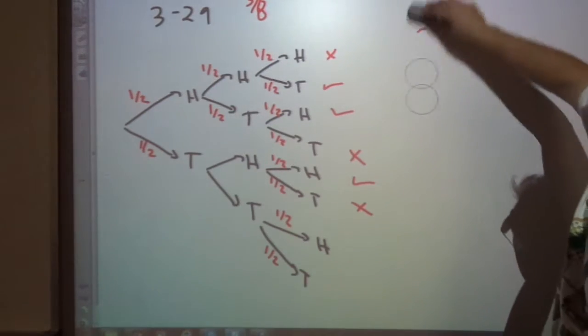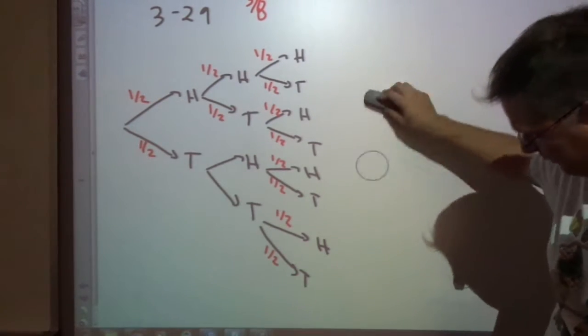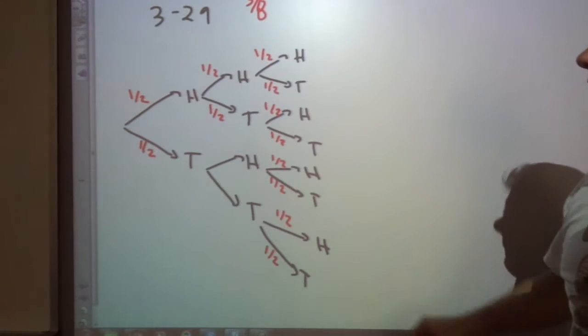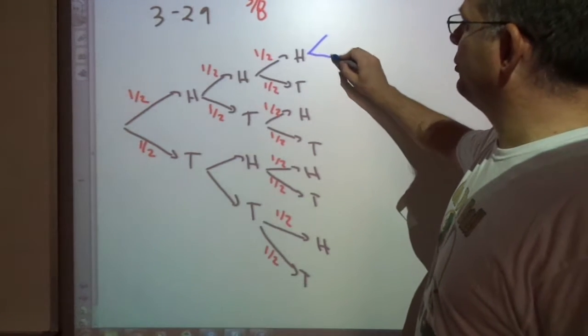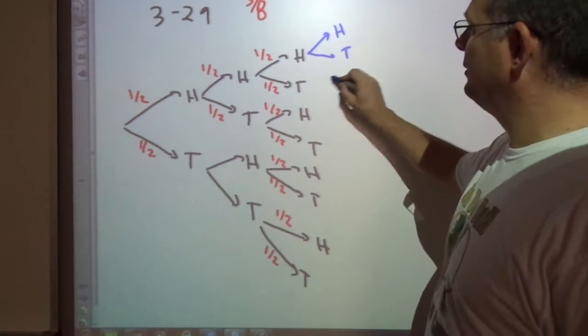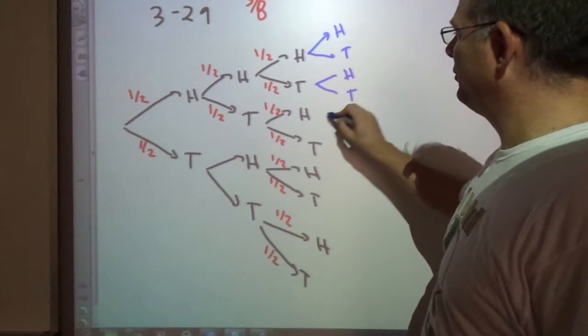Now the second guy says, what about if we flip 4 times? So we need to add a 4th flip into this. The 4th flip could be heads or tails.